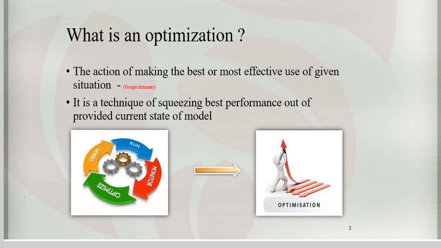It is a technique of squeezing the best performance out of the provided current state of the model. So based on the current state of the particular object which is given, we try to find the best performance, or the best output from the particular system state model.